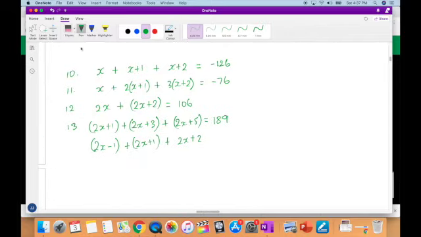Yes, thank you, Caitlin, for making the effort. 2x plus 3, and that is equal to 189. So do you guys understand how we derived all of these equations here? Caitlin? Yeah. You sure? Alright.